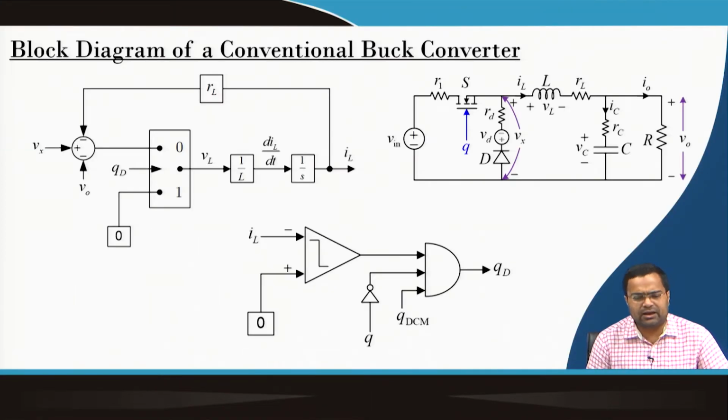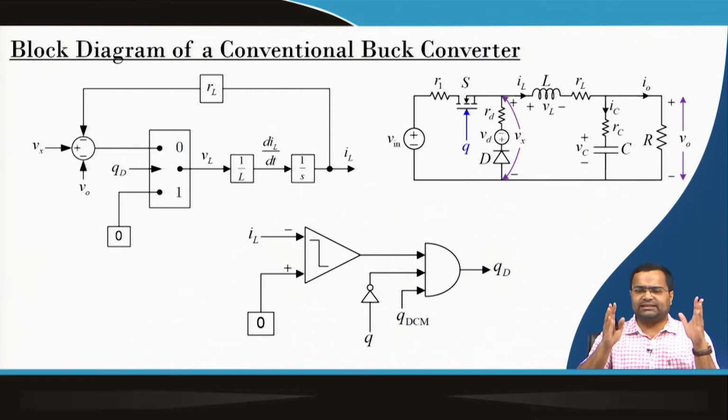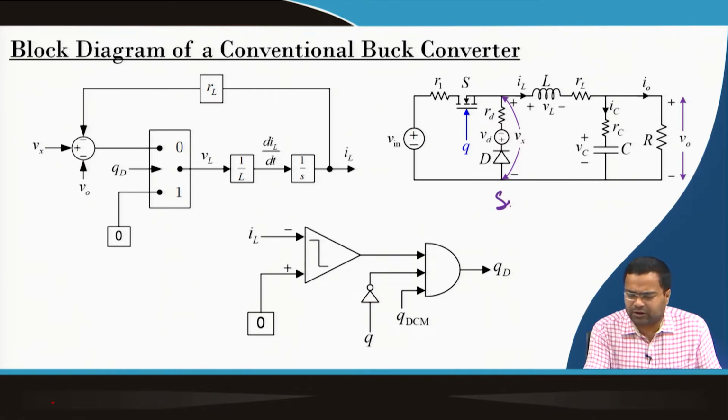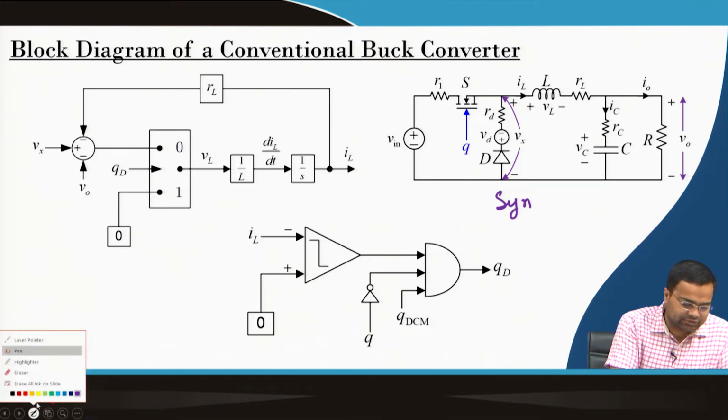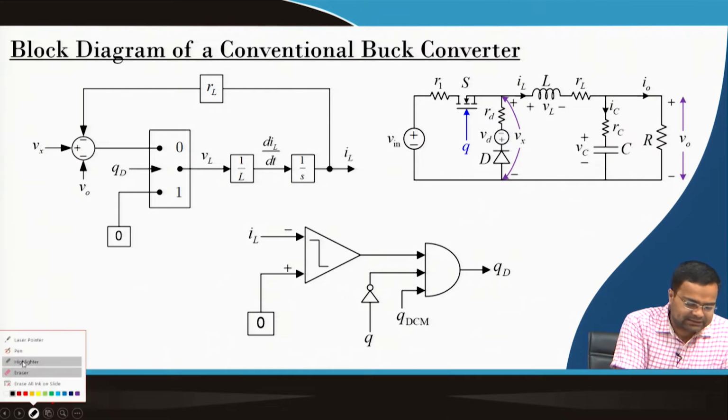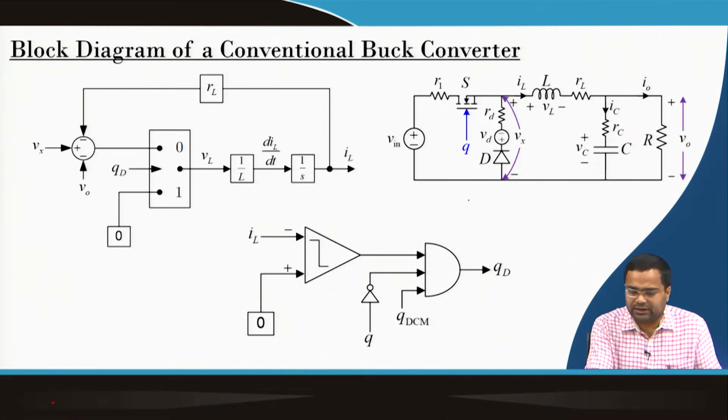First, we will take this block diagram which we discussed in lecture number 4, and we have already built this circuit using block diagram for a synchronous buck converter. So, this is our synchronous buck converter, sorry, it is not the synchronous one, it is the conventional one, and we have discussed that this is the conventional buck converter because we have a diode here.